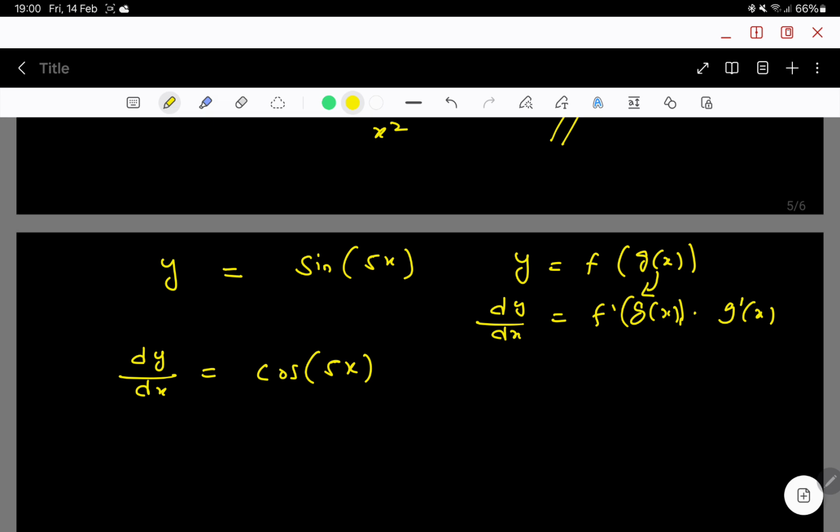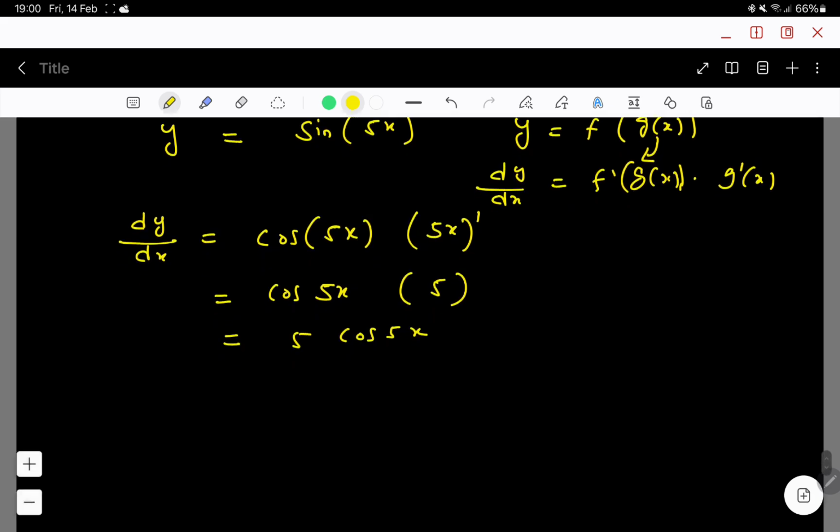Here g of x is pi x. Differentiation of g of x is g dash of x. Similarly, differentiation of pi x is pi. So cos pi x. Differentiation of pi x is pi. Write pi before this cos pi x. Okay. So pi times cos pi x.